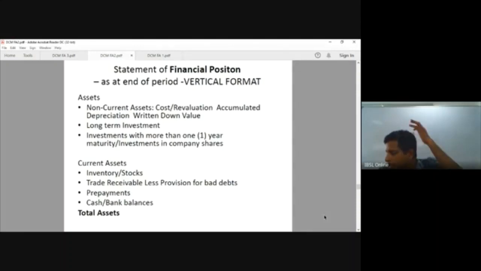Last week we also defined that if an asset is giving us short-term income generation, those are called current assets. If an asset generates income over more than 1 year, we call those assets non-current assets. Normally, every asset should generate income for the organization directly or indirectly, short term or long term. That is the requirement.